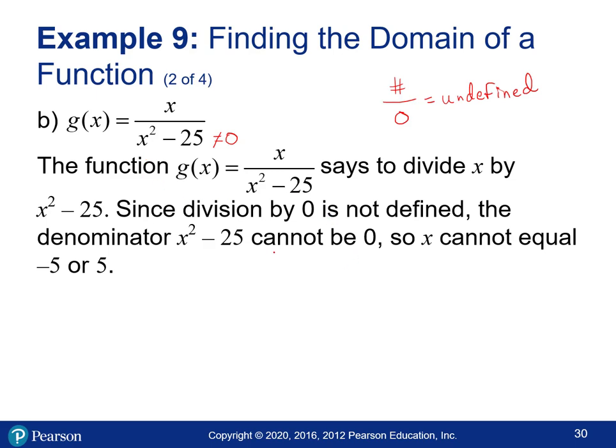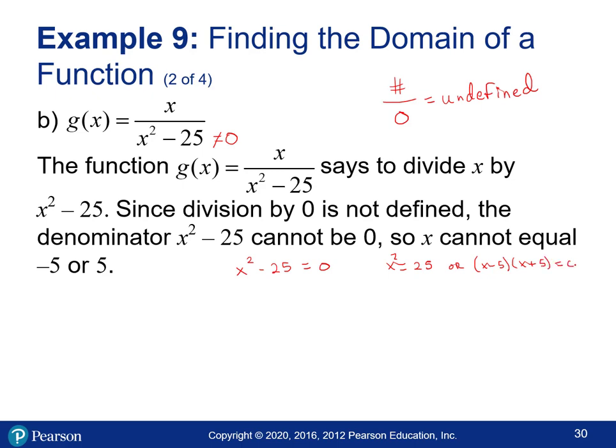You can solve it a couple of ways. I can say x squared minus 25 equals 0, and I don't want this to be the case, so technically I'm going to cross this out. But I can solve it by saying either x squared equals 25, or you can factor if you recognize that this factors as the difference of squares: x minus 5 times x plus 5.